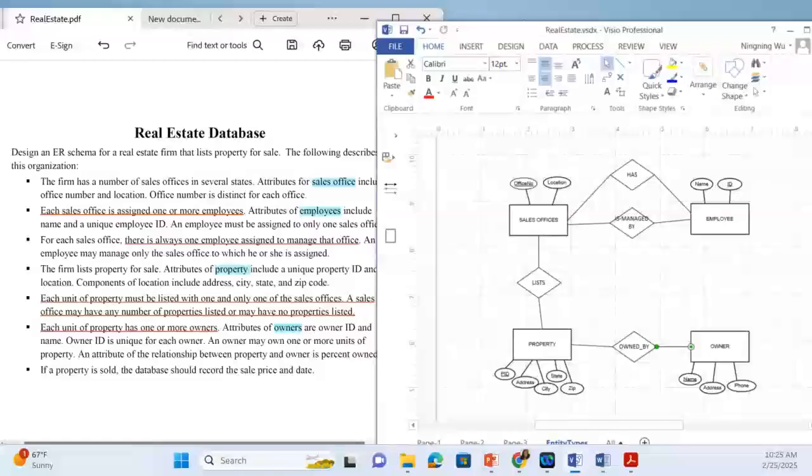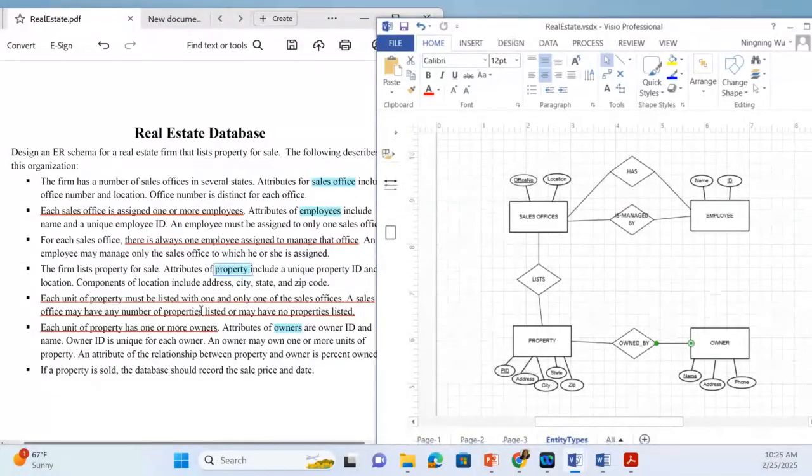So there is some room to consider how we want to design. We may start with one option, then compare whether one option is better than another. Finally we want to make sure the design is simple, and also captures all the requirements that the user needs. Okay, so that's the first draft.